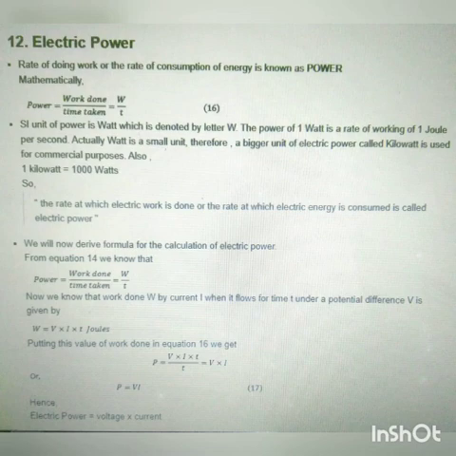In other words, an equipment's power rating is considered as the maximum permissible power the equipment will allow to flow through it. So thank you very much, and we will discuss the numerical part later on.